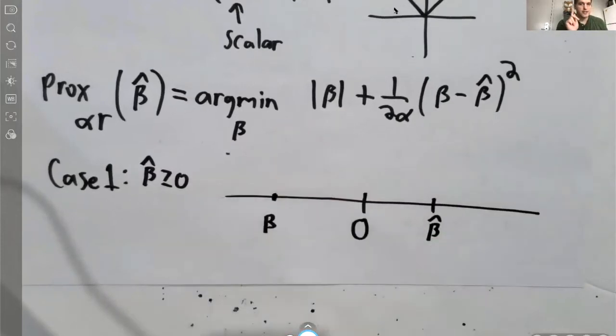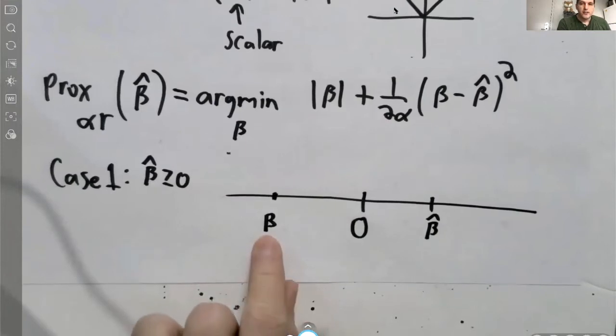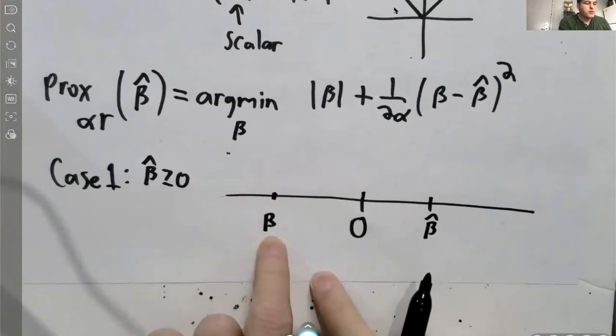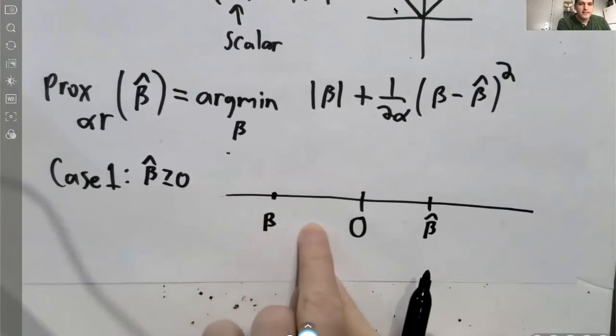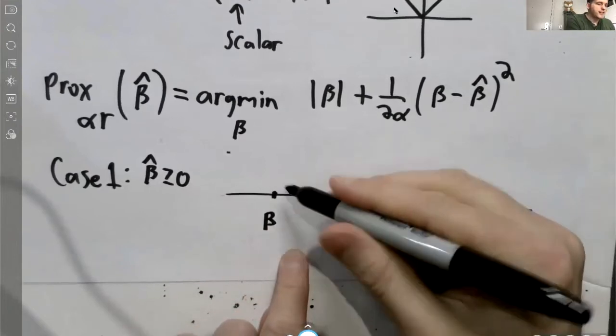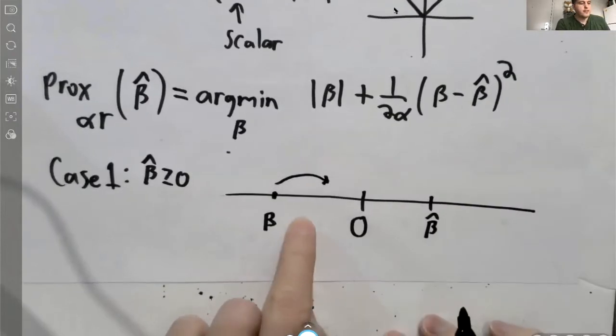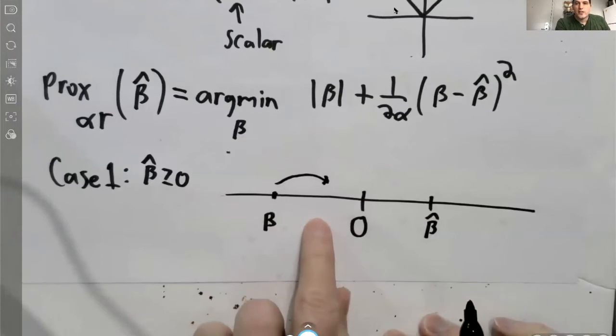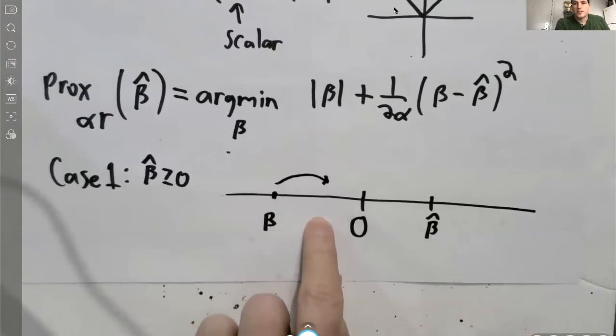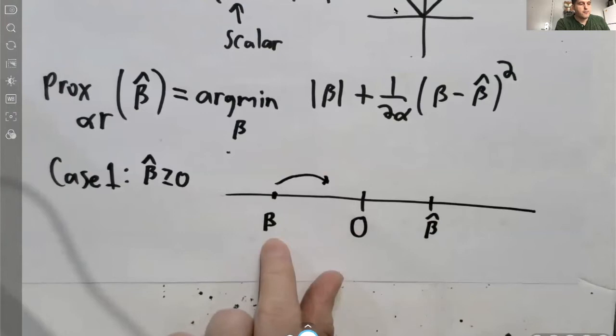I claim the answer is no, because if we have a negative value of beta, we can improve it just by moving to the right a little bit. Suppose that we start here and just move a little bit to the right. The new value of beta that we get is going to be strictly better than the old value of beta.